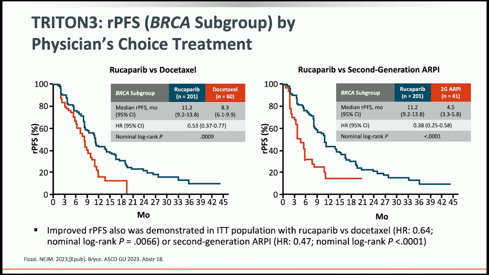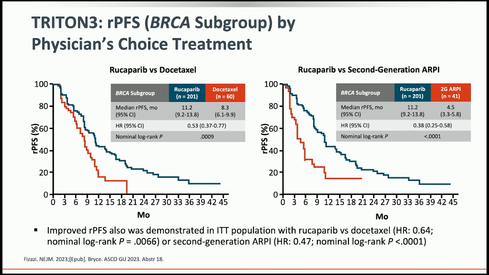So if we look by physician's choice, this is not a surprising slide. We see on the left rucaparib versus docetaxel, and then on the right rucaparib versus second-generation ARPIs. And as one would expect, there's a broader difference in progression-free survival in those patients who receive the second generation, the hazard ratio is 0.38, versus those patients who have received docetaxel, where it's 0.53.